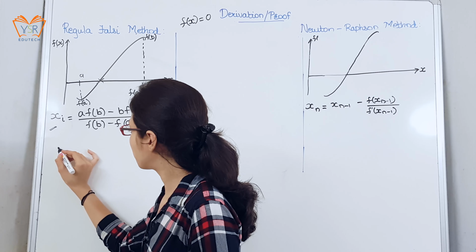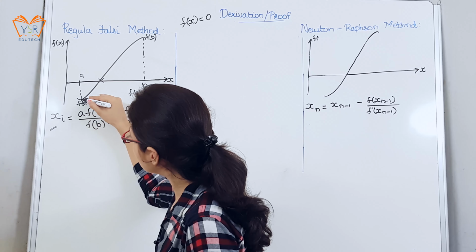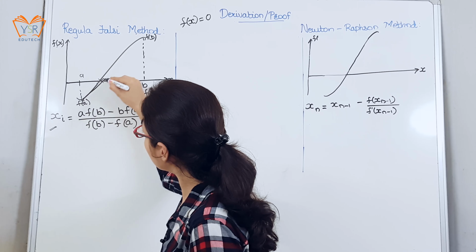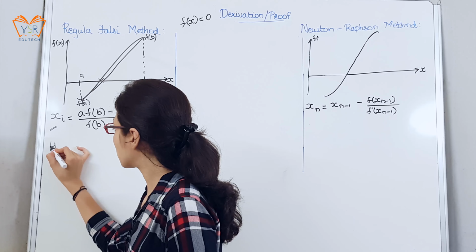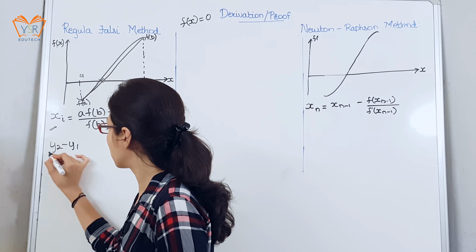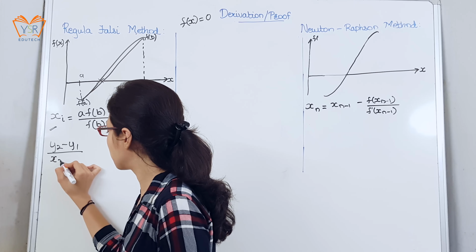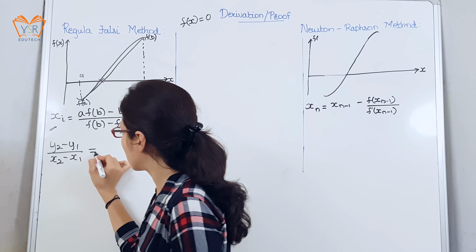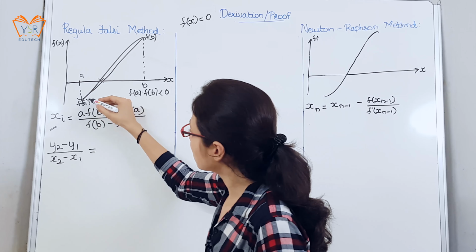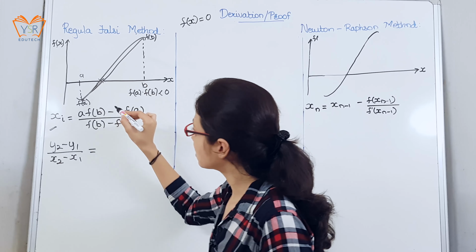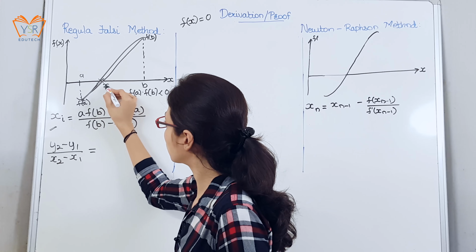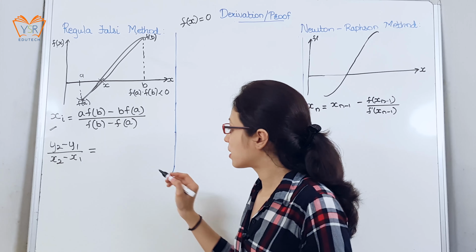Now we'll see the proof. Consider a straight line from f(A) to f(B). We have the equation of the straight line as (y2 minus y1) divided by (x2 minus x1). Now consider another straight line from f(A) to the point that cuts the x axis. Let us consider this point as x.